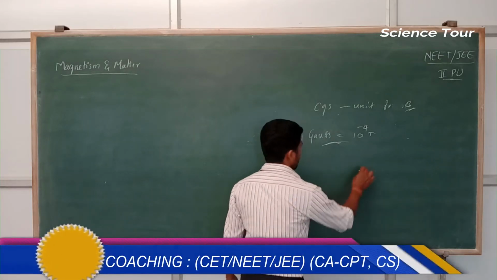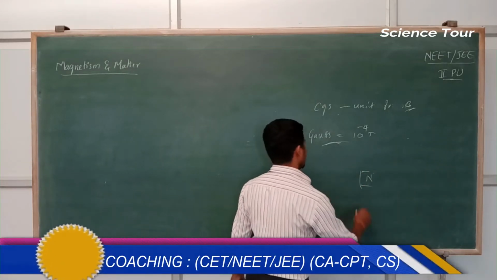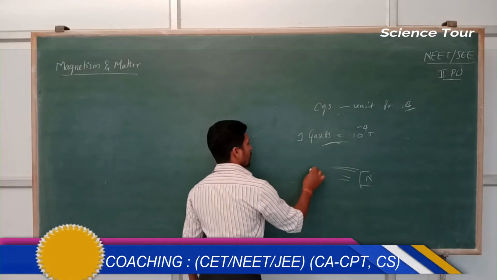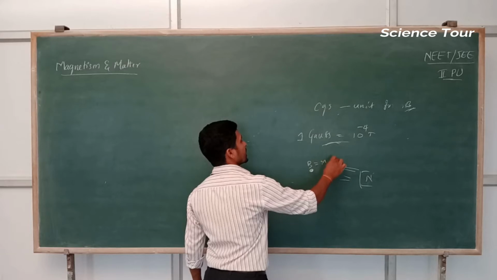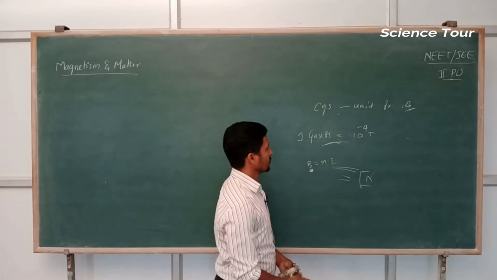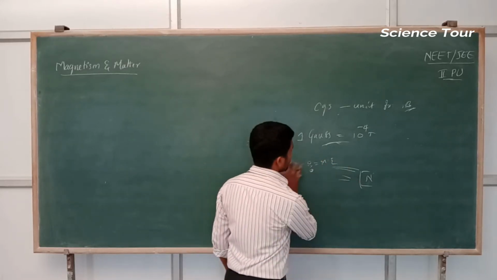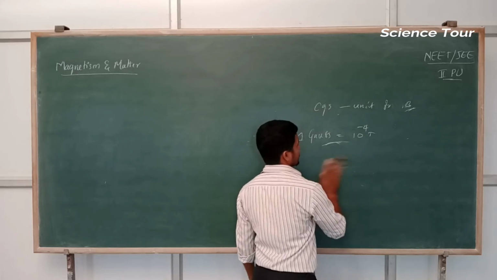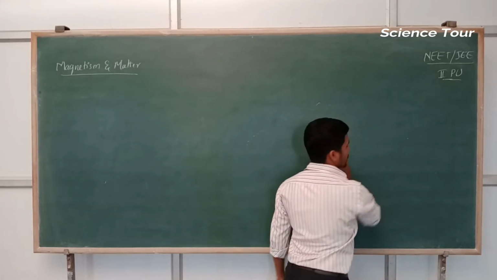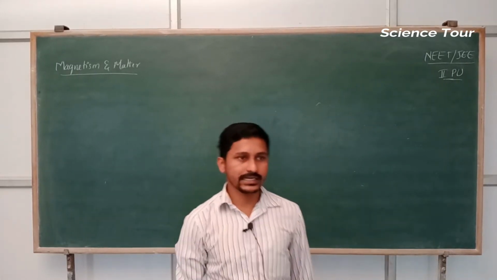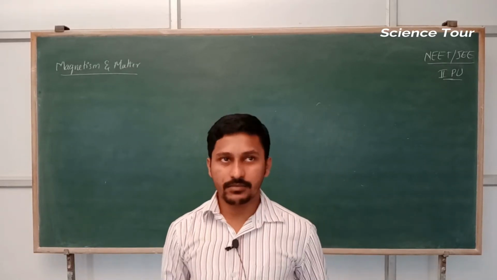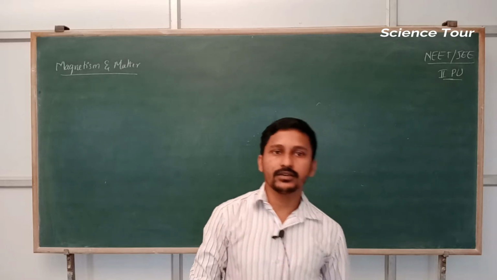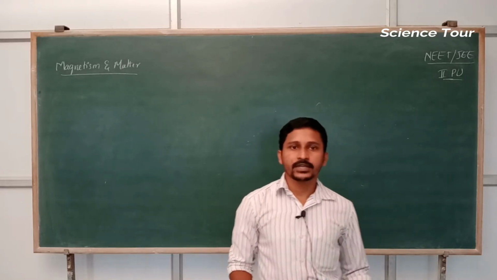Now the north pole is there. I can call it magnetic field or I can call it magnetic induction, because the magnetic field generated by that north pole is nothing but magnetic induction. So magnetic induction or magnetic field, they are one and the same.